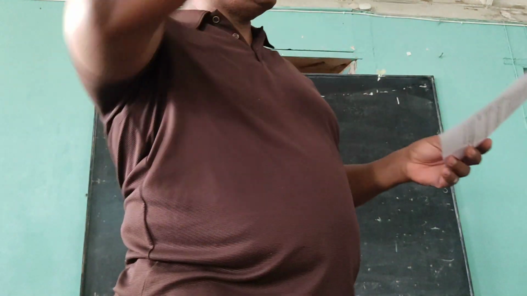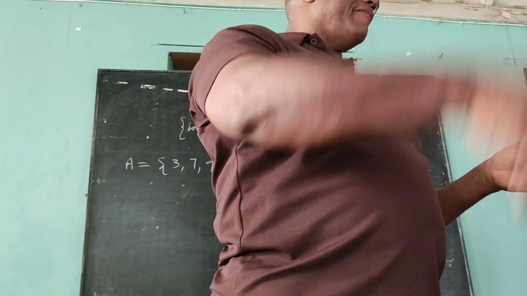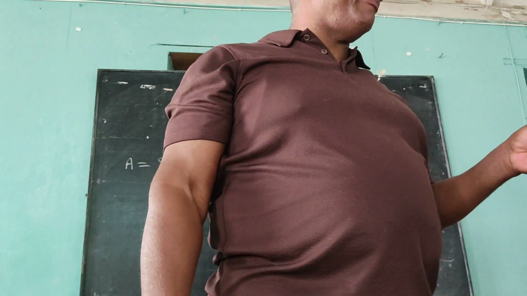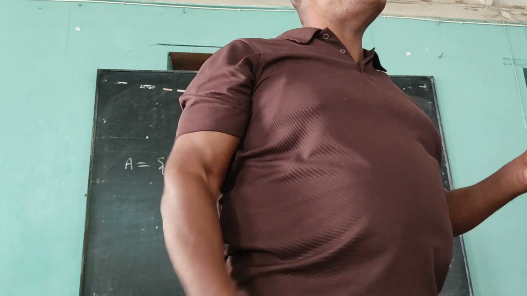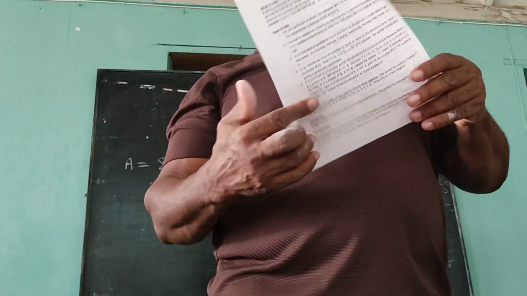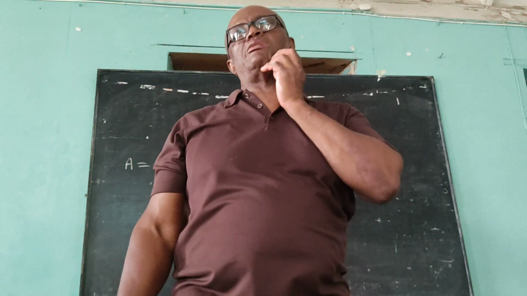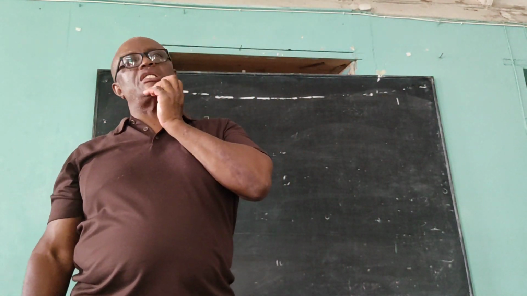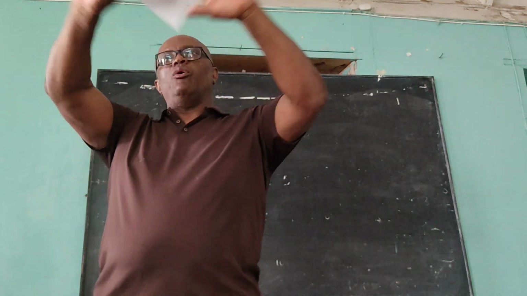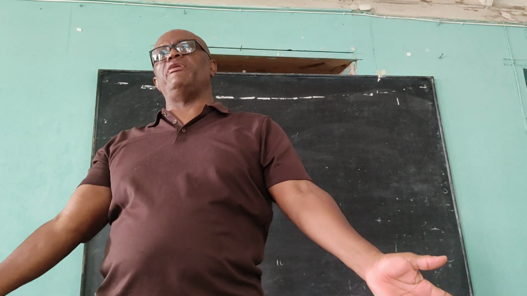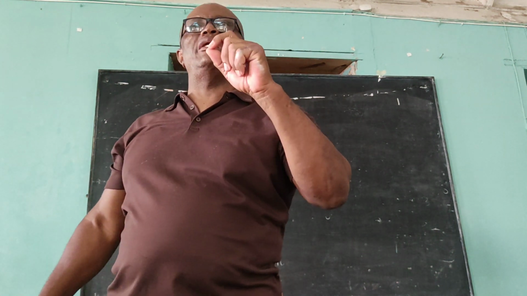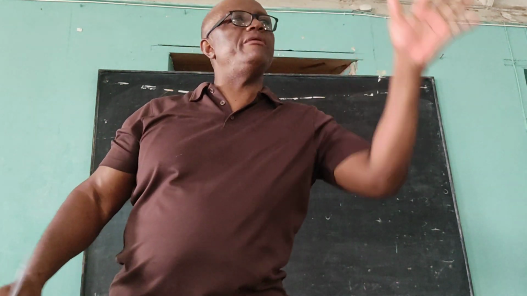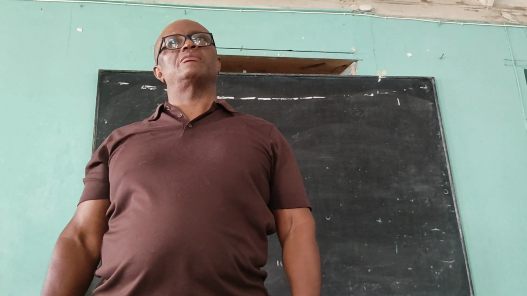Complement. You see this stroke above the A? That means complement. All the elements that do not belong to set A. Let me give you an example of a complement using this class. So the whole class has males and females. So what is the complement of the set of females in this class?